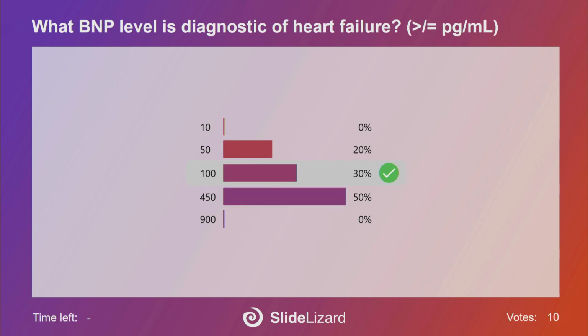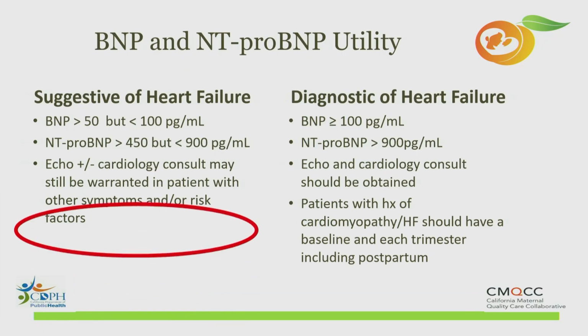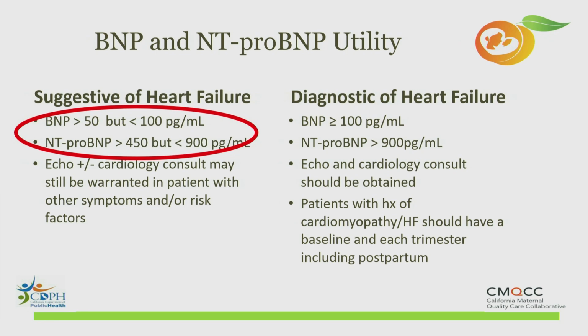So 100, and let's see. Good. I think you guys are probably using the other one here, so that's a good sign though. What is suggestive of heart failure is a BNP of greater than 50 but less than 100, but diagnostic is greater than or equal to 100. And then there is also the NT-proBNP.